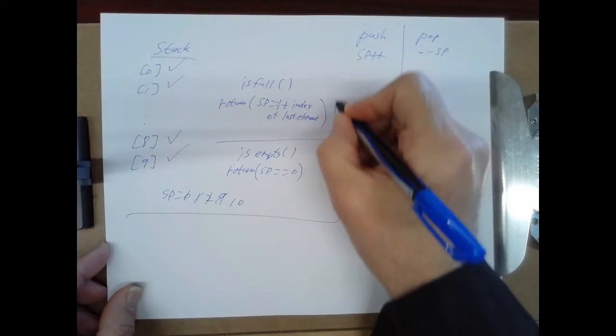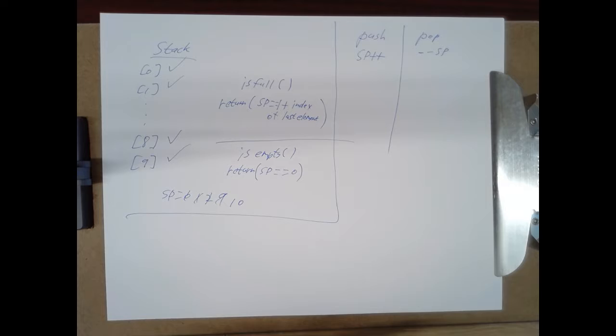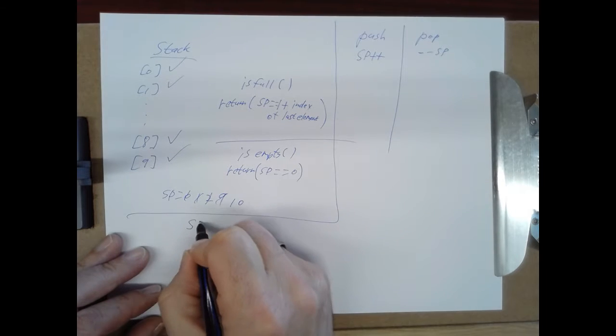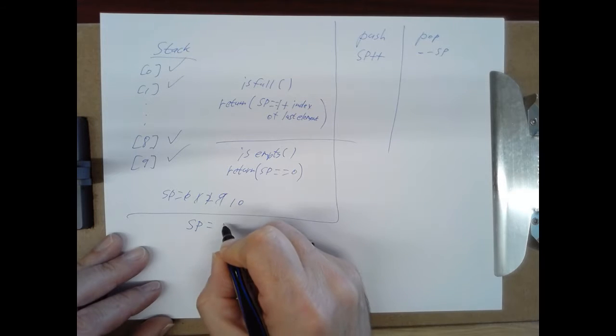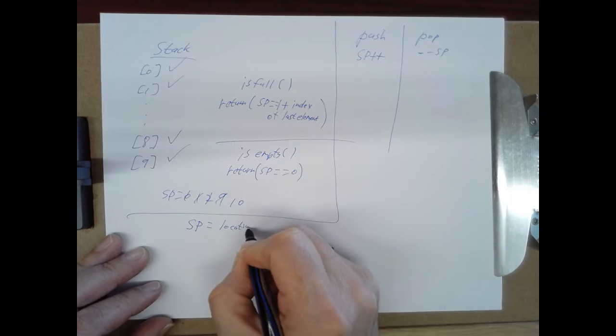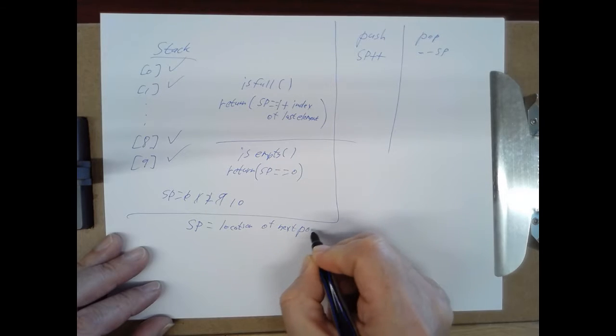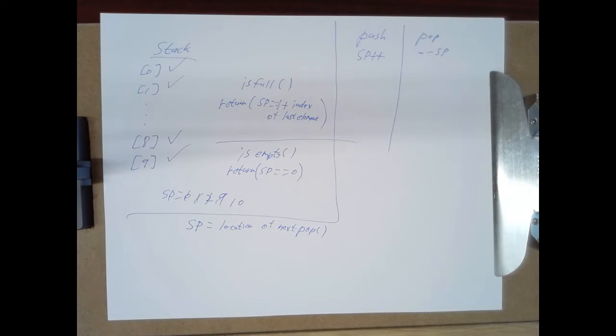All right, well, this is one version of a stack, but there's other versions we can make. For example, we could say stack pointer equals location of the next pop. Instead of telling us where we should push the next thing, we could say stack pointer is going to tell us where we should pop the next thing from.